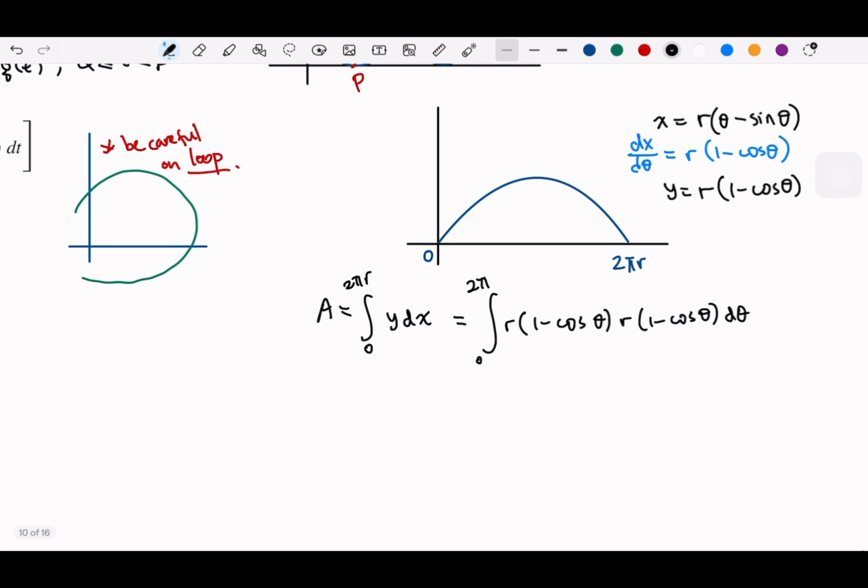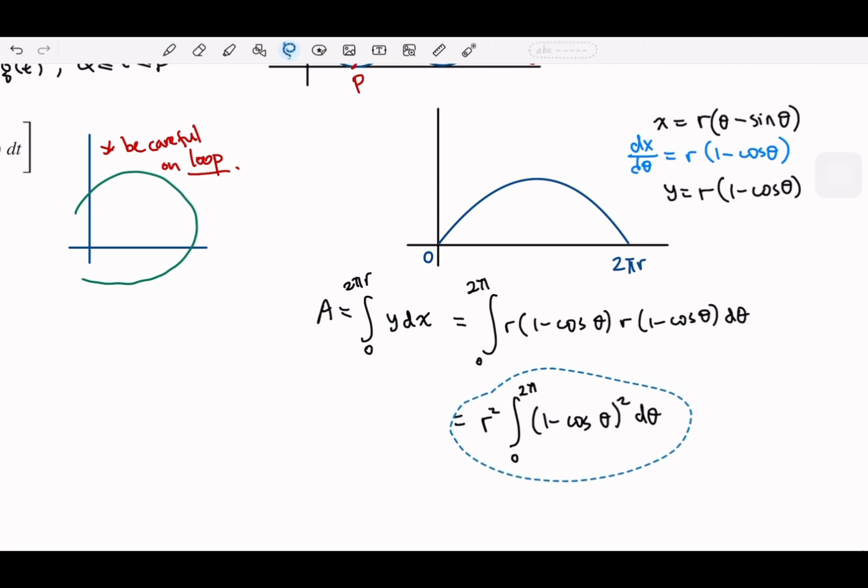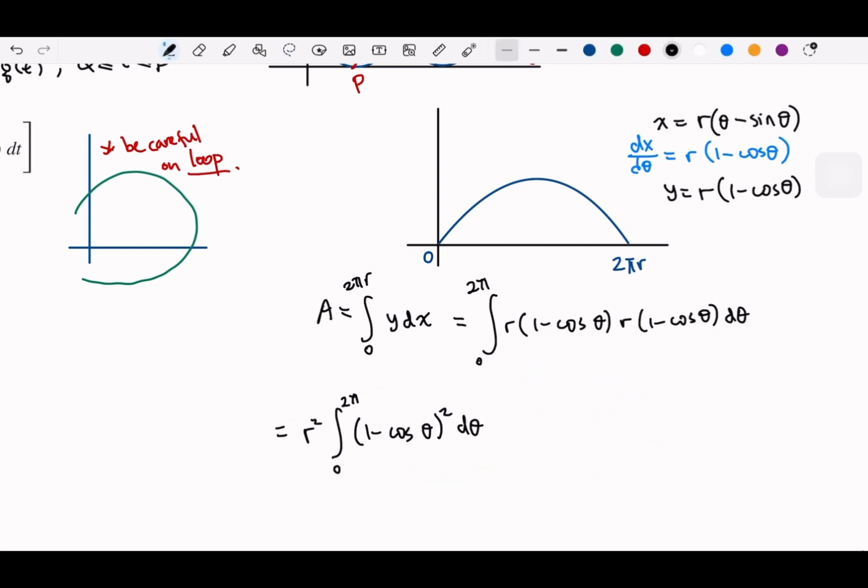We can factor out the r because that is just a constant, so r squared outside. And then this will be 1 minus cosine theta squared, okay? And then what will happen now is we are going to expand this.